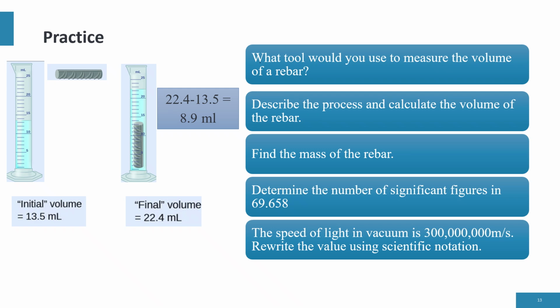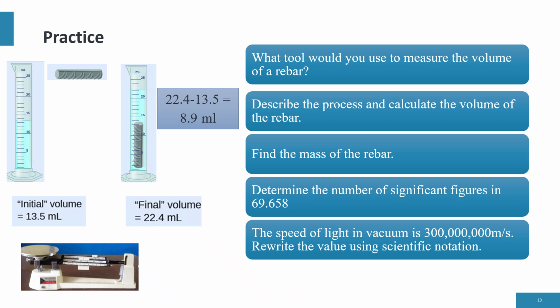Our second question is asking us to describe the process and calculate the volume. We did. The third question is asking us now to find the mass. So, mass of a rebar, very easy. We know that we have a tool. The tool is a scale. We go ahead and add the rebar to the scale, and we end up with a mass. The mass is 69.658 grams. Awesome.